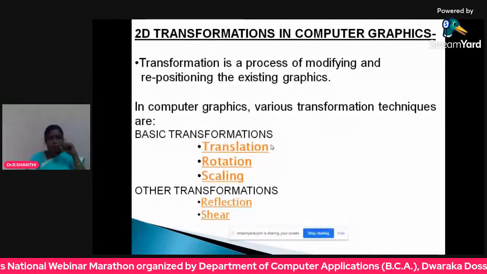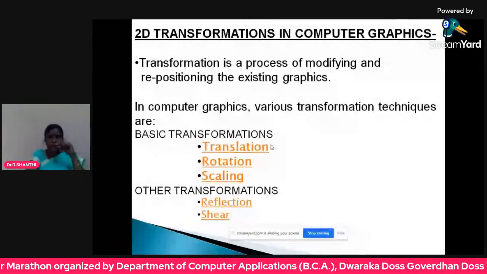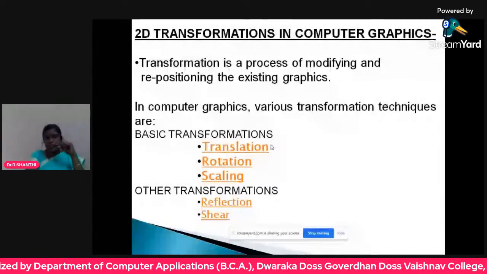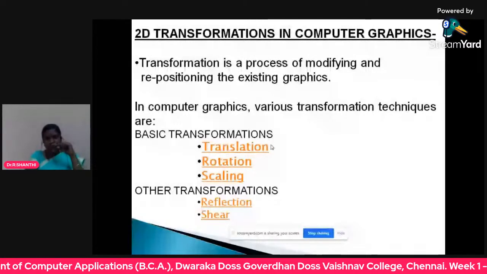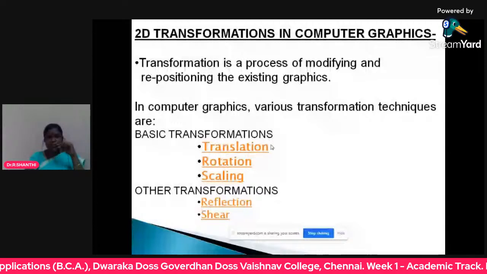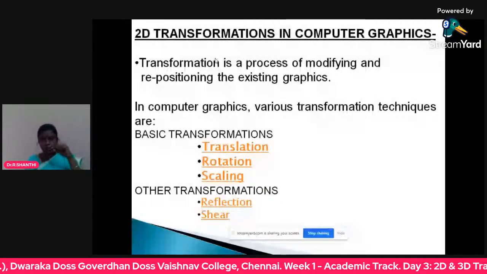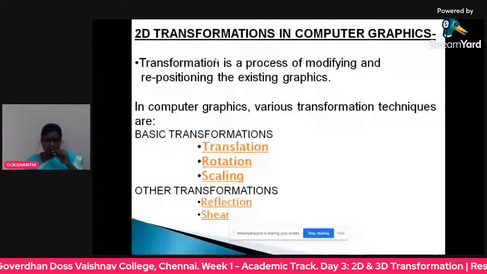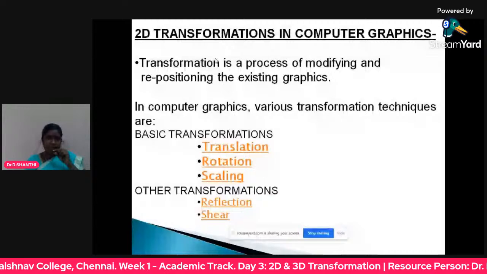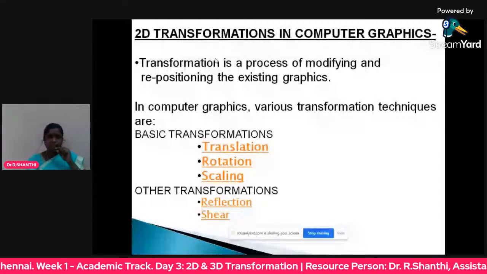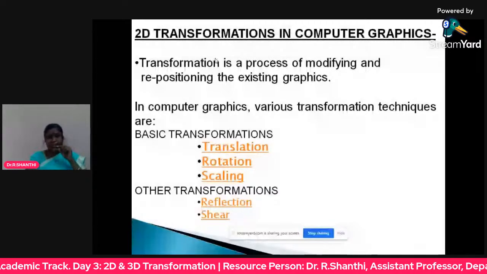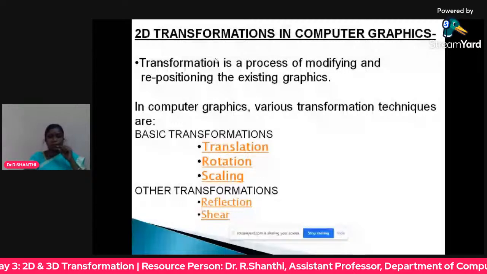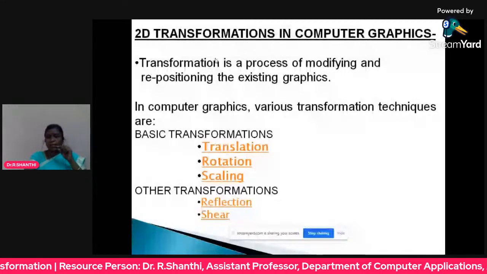So, 2D transformations. As you know, transformation, as the name itself says, is a process where you want to modify something in the existing graphical picture. There are various types of transformation techniques. Under basic, these are the fundamental transformation techniques.